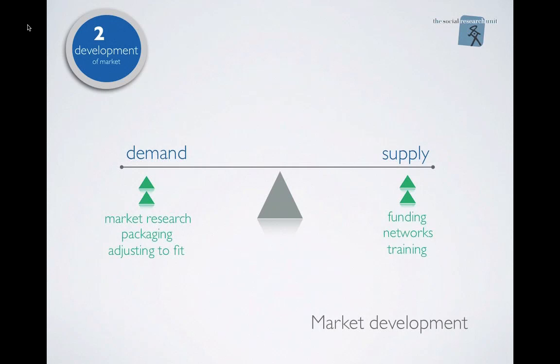This will generate useful insights about how to package and sell it, and if necessary, make adjustments to the program and to the system to achieve a better fit. So commissioners need to engage and develop potential providers that will be able to implement the evidence-based program. But they also need to work closely with volunteer and community organizations that may not deliver public services, but which are experts in the issue.